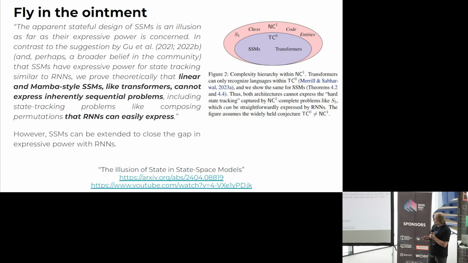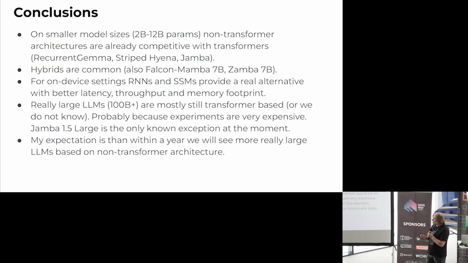There is a problem here. And I highly recommend this video by the authors of this article just to understand what they did, what specific model tasks they tried, and where RNNs are still better than SSMs or transformers.